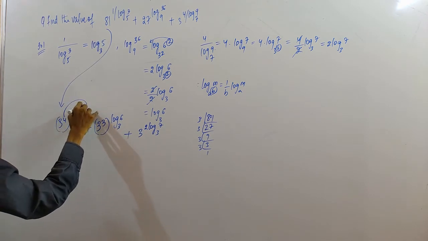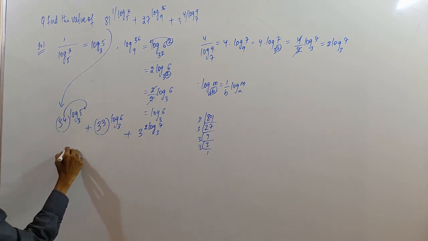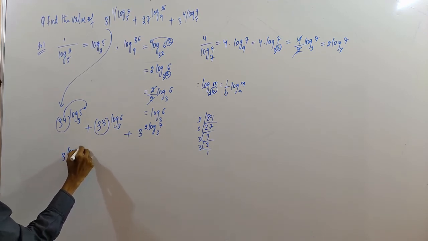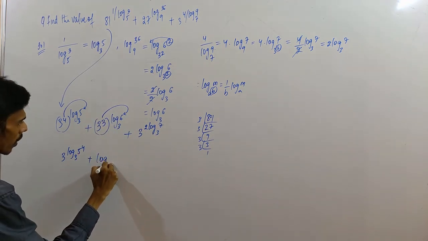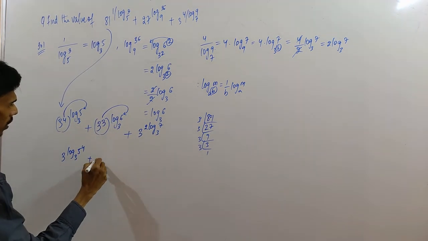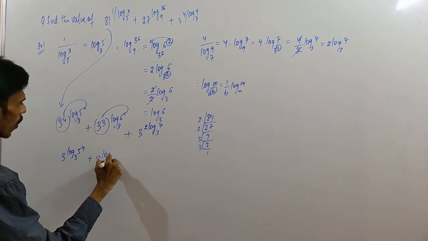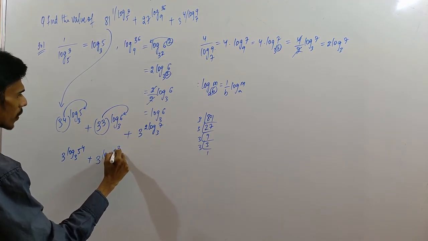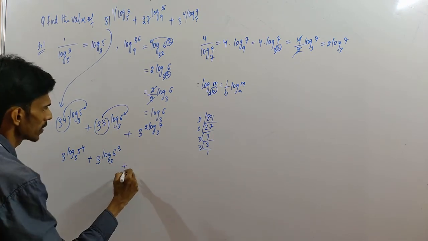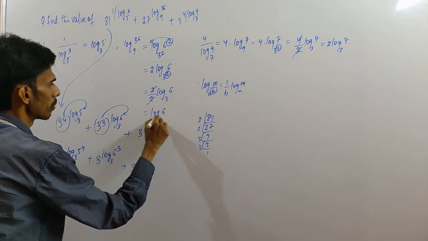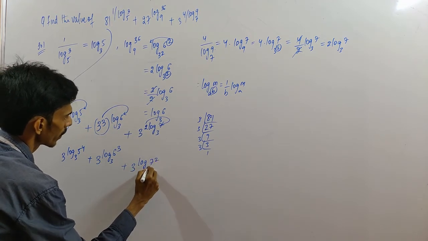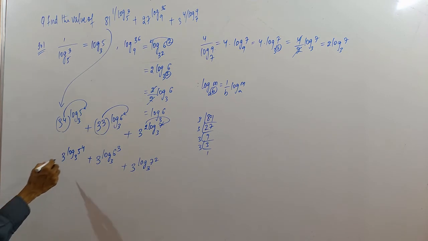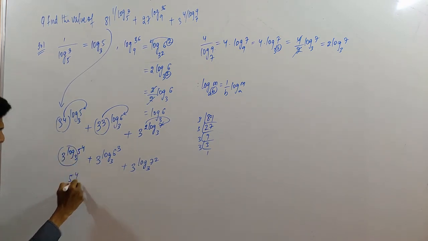Now this 4 will become the power of 5, so it will become 3 power log_3 5^4. Plus this 3 will come here, so it becomes 3 power log_3 6^3. Plus this 2 will become the power of 7, so it will become 3 power log_3 7^2. Whenever the base and the 3 are the same, the value will be 5 power 4.